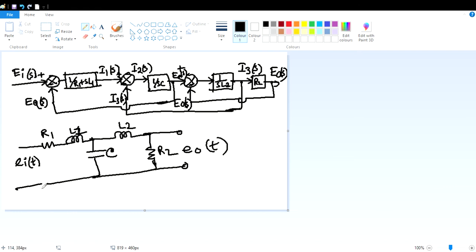So this is the circuit and this is the circuit's block diagram. In this way we can get the block diagram of any electrical circuit. Hope you have understood. Thank you.